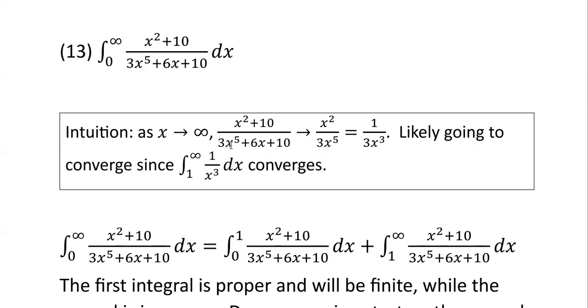That's going to be so much bigger. So these two terms become insignificant. So that's why this will behave very similarly to this one over here, which we can simplify to 1 over 3x cubed. Therefore, our integral is likely going to converge, because from our intuition, this function that behaves very similarly converges.